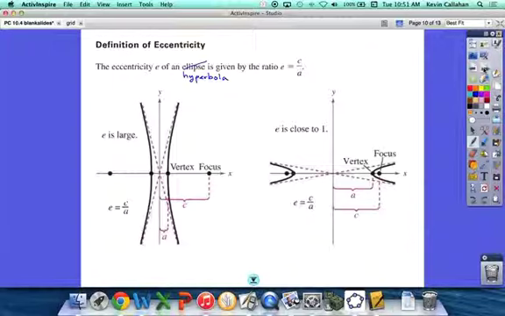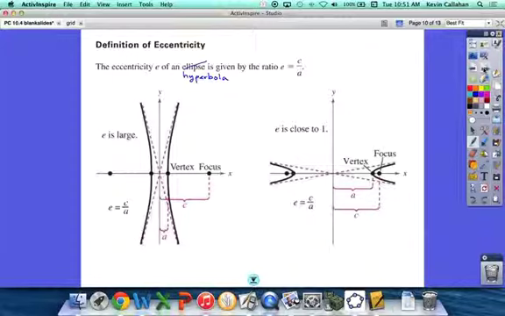With an ellipse, the C was always less than the A. So the values of eccentricity were always a decimal between 0 and 1. Now they've reversed their position. The C is always going to be bigger than A. So you're going to get something greater than 1. At the very least it could approach 1, but that's it.